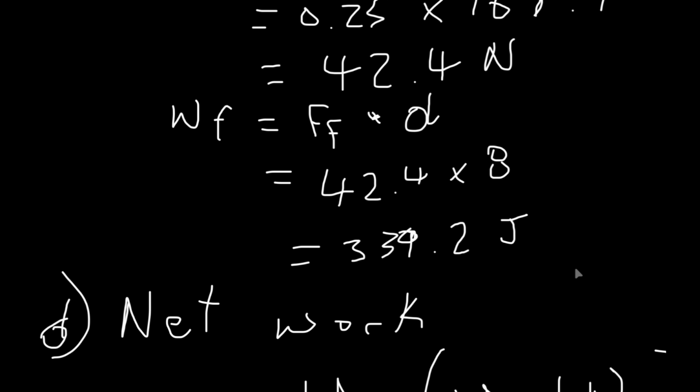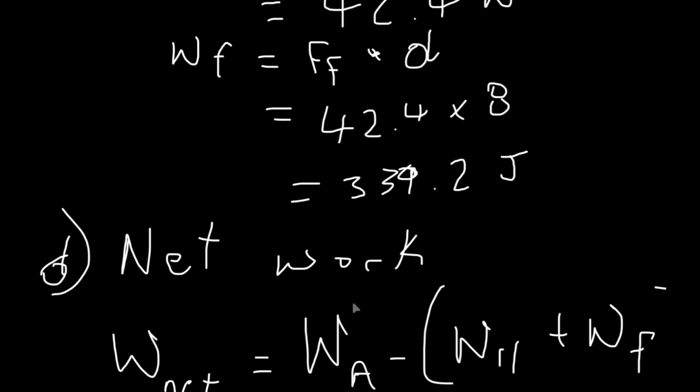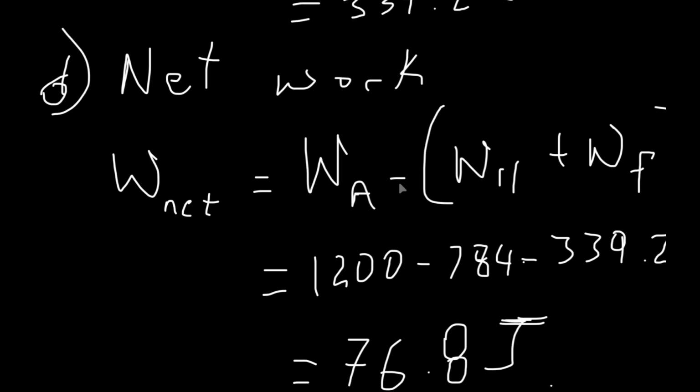All right, finally, net work is going to be the work done by the positive component, which is the applied force, minus the work done by the negative components, which would be the work by the parallel force and the work by the force of friction. If we want to distribute through the brackets, or add them first and then subtract, not a problem, we get the same answer.